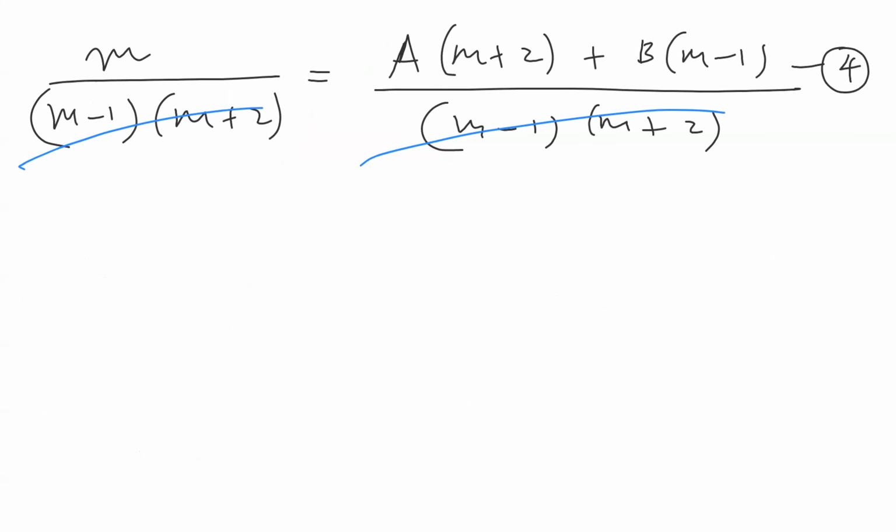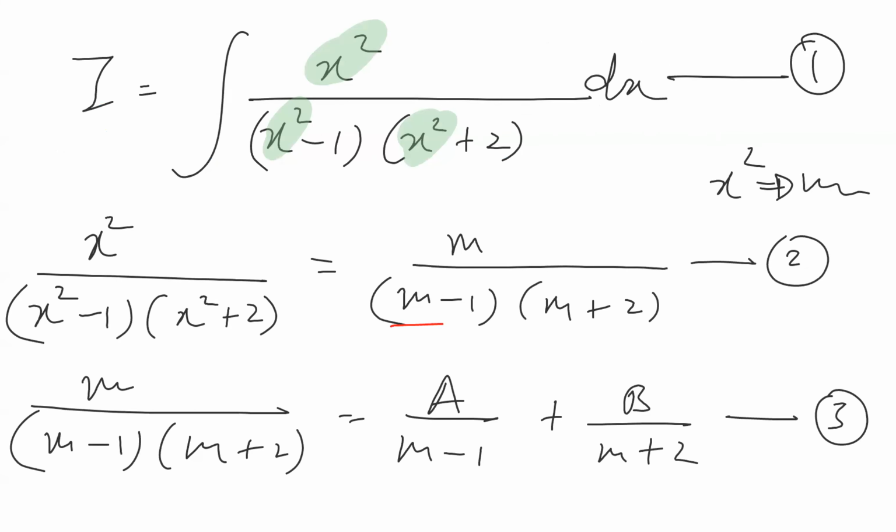Now look at the linear factors. If we equate m minus 1 to 0, the value of m is 1, right? So let's put m is equal to 1 in equation number 4.